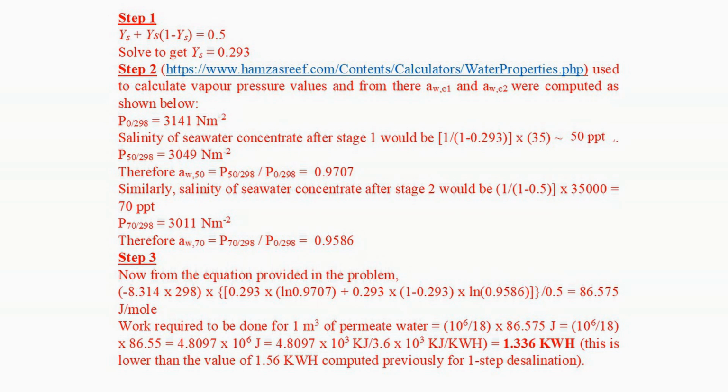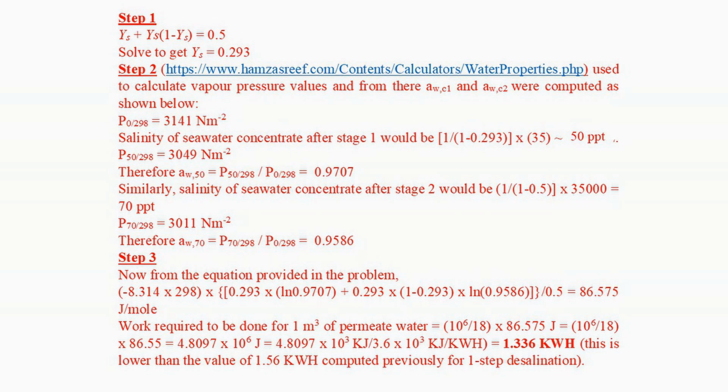So now we have got our AWC1 and AWC2. We insert these values into the equation that I showed you in the previous slide, and that's what is done in step 3. And the work comes out equal to 1.336 kilowatt hour per meter cube.